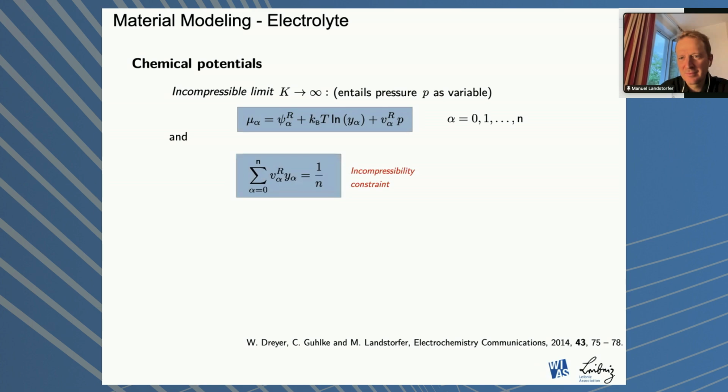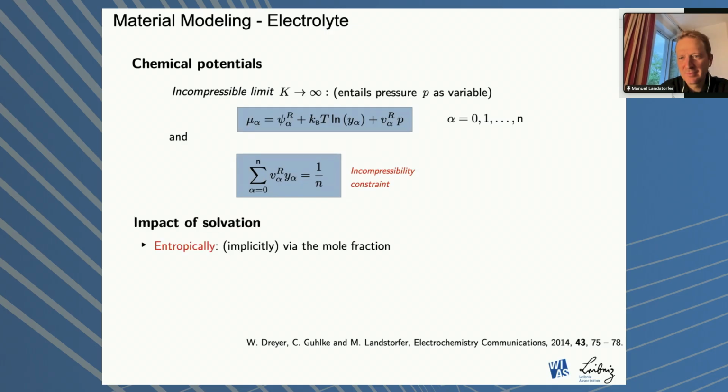And in accordance with the incompressible limit, k to infinity, you get what is called an incompressibility constraint, which tells you exactly this, that you cannot compress a given amount of volume. And this is reflected in a density way as the sum over v alpha, partial molar volume, times y alpha is 1 over the total number of species you have.